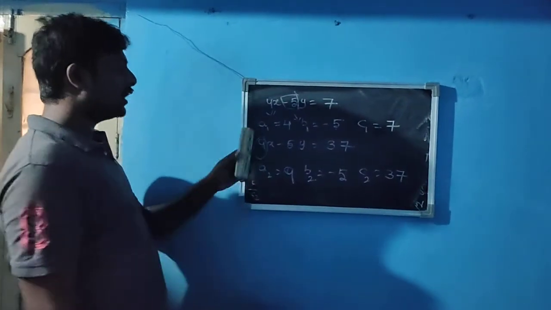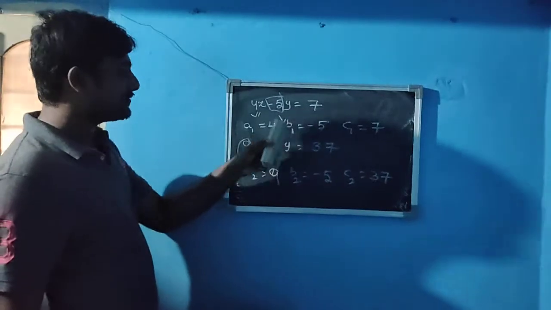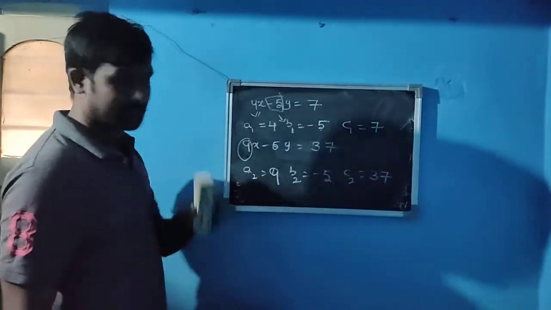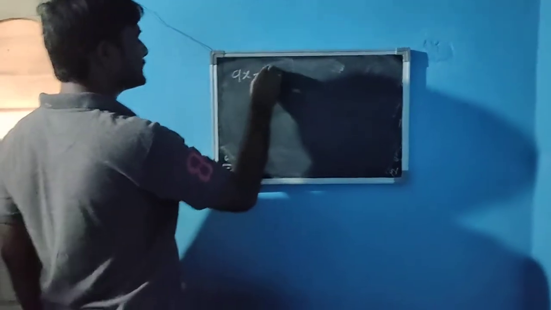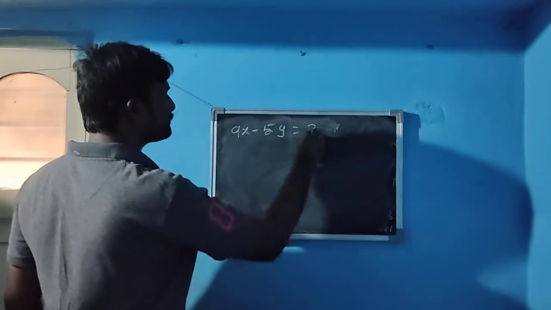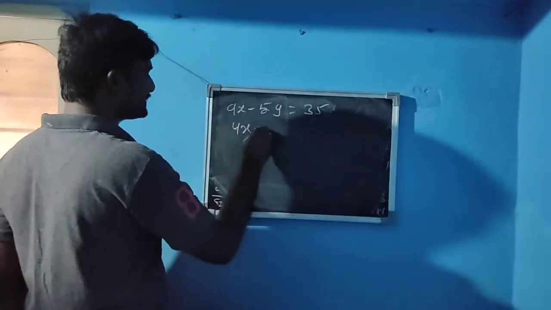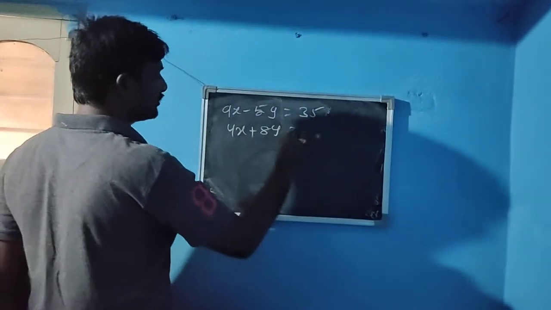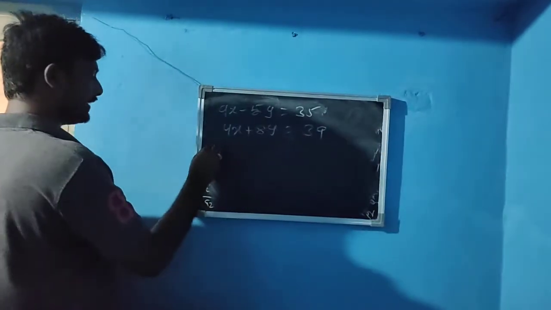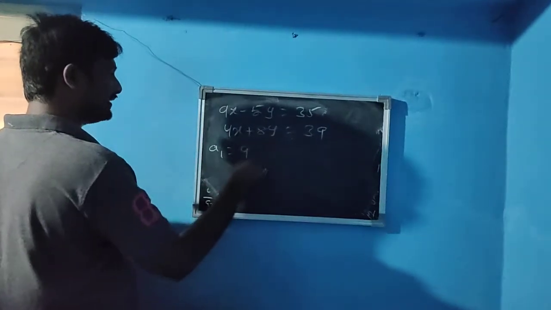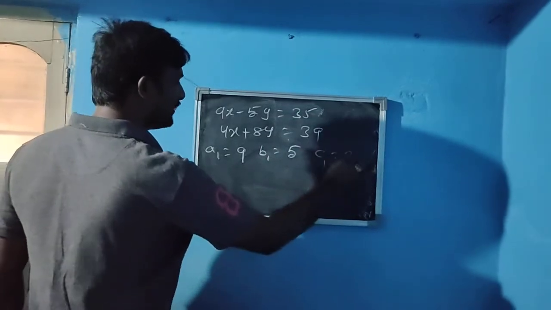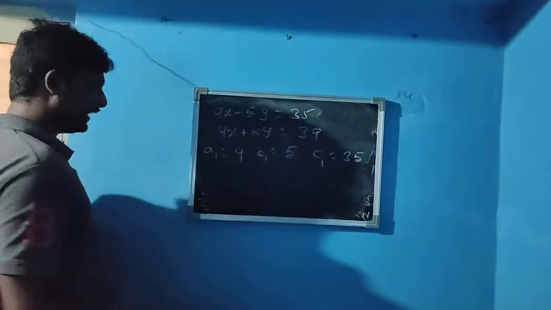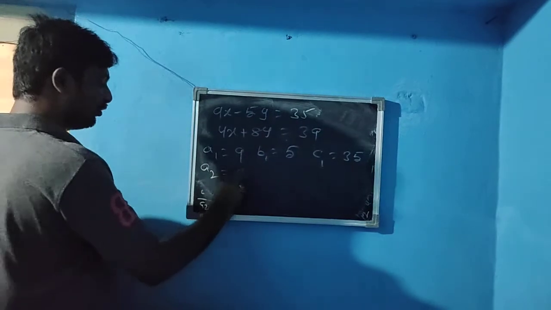Did you understand how to represent the values A1, B1, C1, A2, B2 and C2? Suppose I write one more example. Suppose 9x minus 5y is equal to 35, 4x plus 8y is equal to 39. In this one, A1 value how much? 9. B1 value how much? 5. And C1 value 35. And A2 is equal to 4.